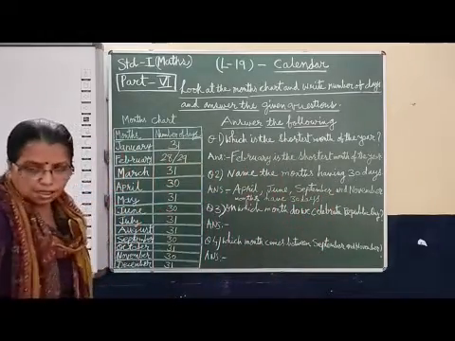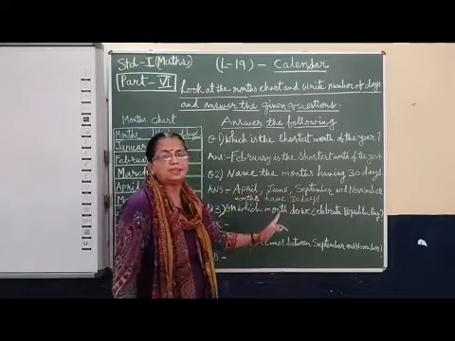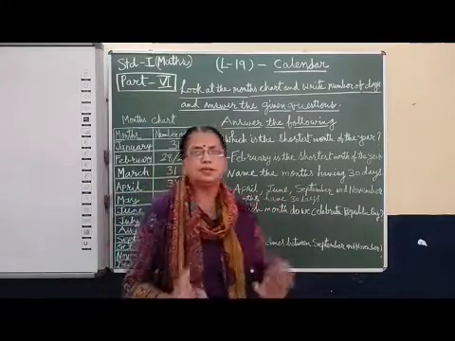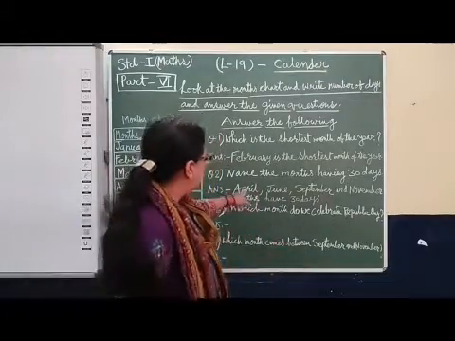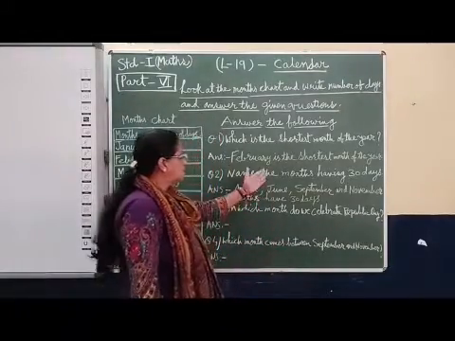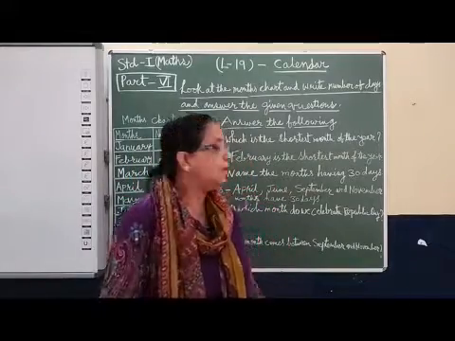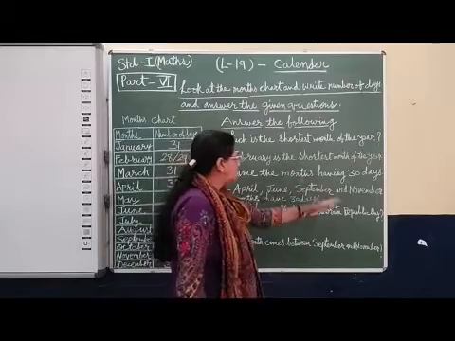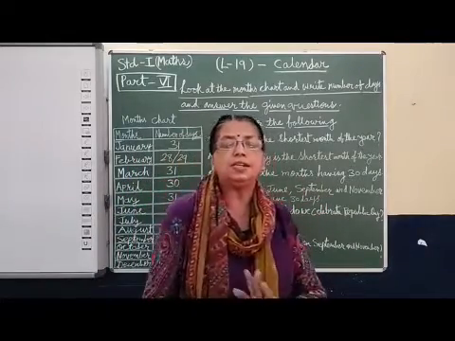We have completed. Now to remember this, one poem is there. That also I will recite before you. Which months are having 30 days? How to remember that? April, June, September and November are having 30 days.